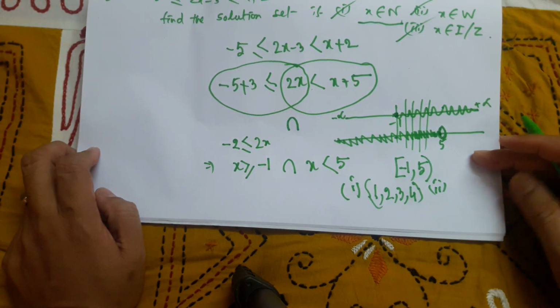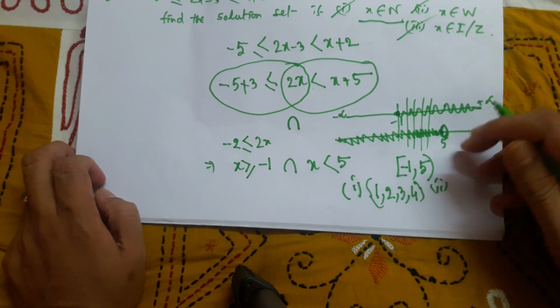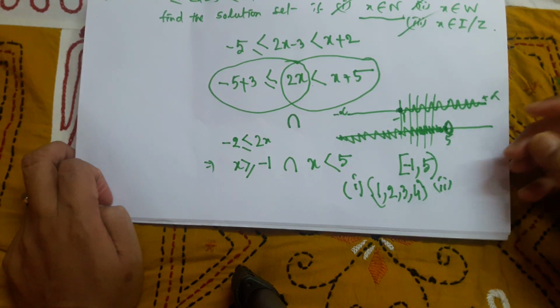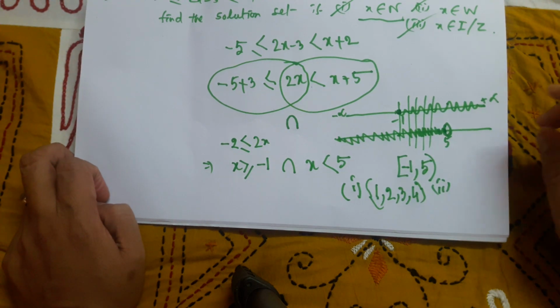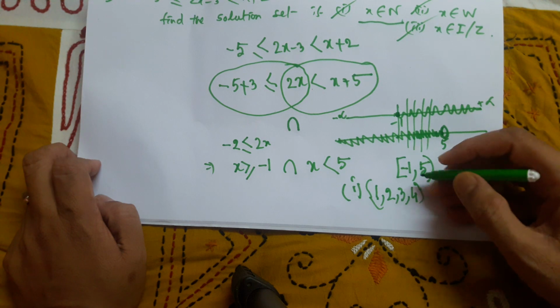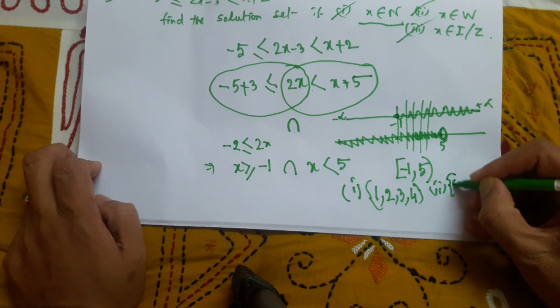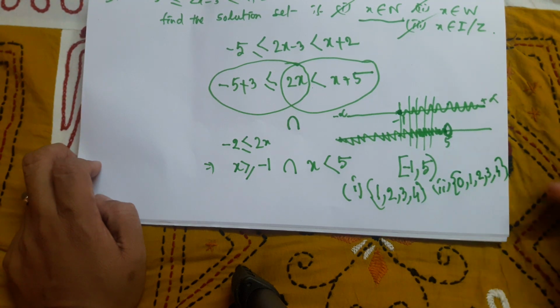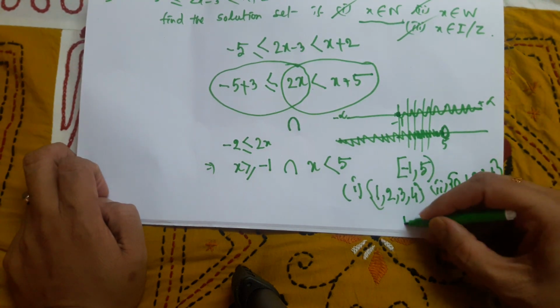X belongs to whole number. Whole number means from 0 to infinite: 0, 1, 2, 3, 4, 5, 6 to positive infinite. X belongs to whole number means 0, 1, 2, 3 and 4. These 5 elements will be there.